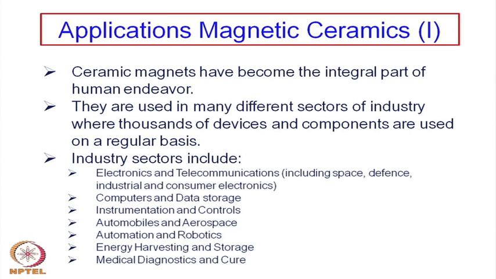So, magnetic particles along with the drug can be delivered at a particular site with the application of the external magnetic field. So, basically it is not the solid material, I mean it is not the bulk material, but the fine powders of magnetic materials that are more of importance.